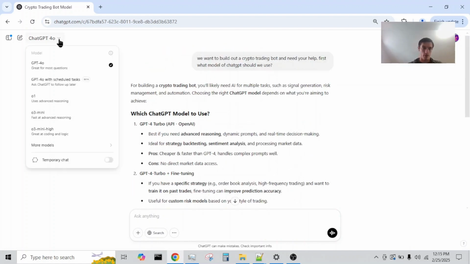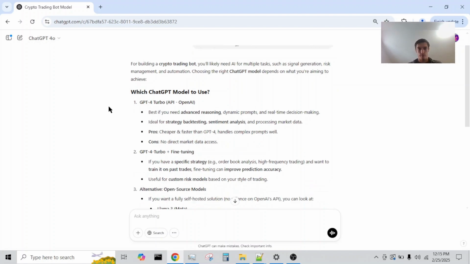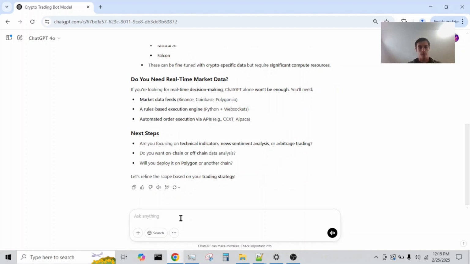I think 4.0 is good. We can mess around with o3 mini high a little bit and see if there's any difference there when we get into the coding portion, but I think we're going to stay with the 4.0 for now. So let's see.